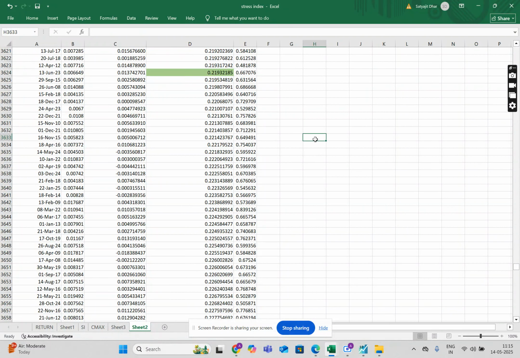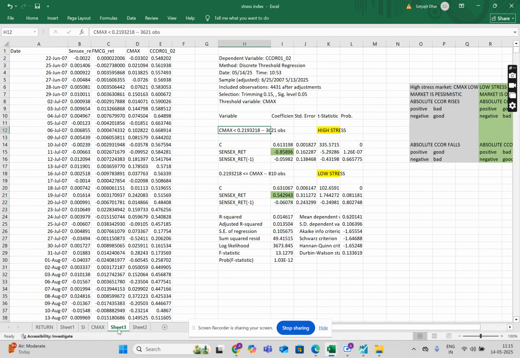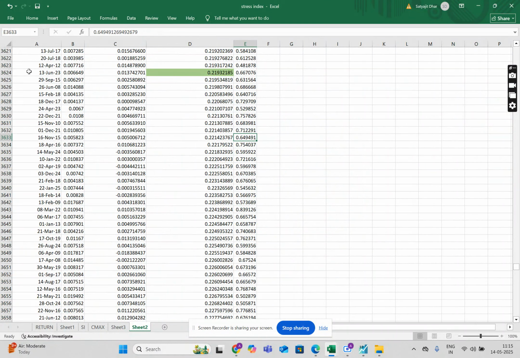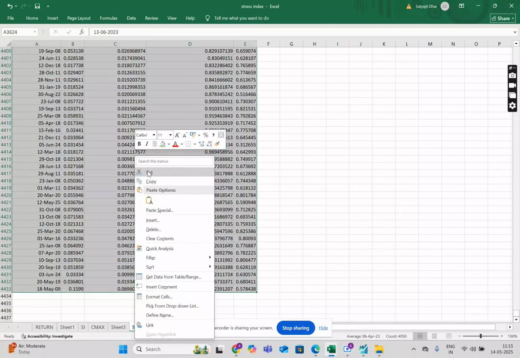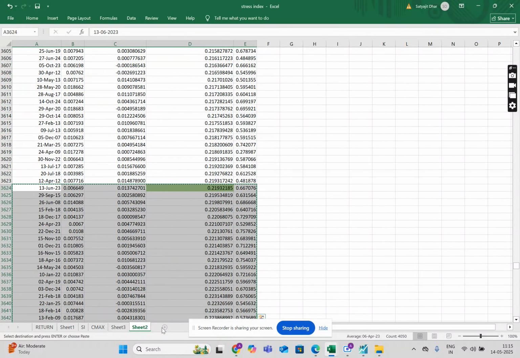So the divisions are on the basis of this value. It is greater than or equal to. So for the greater values, we will consider this one. Okay. We cut. Let me paste it here.